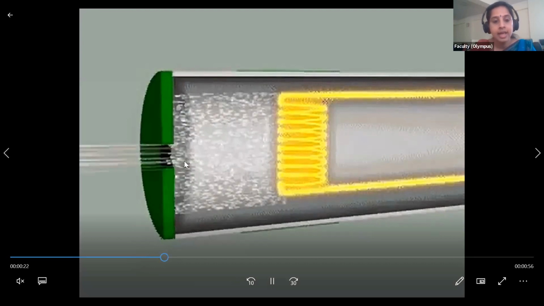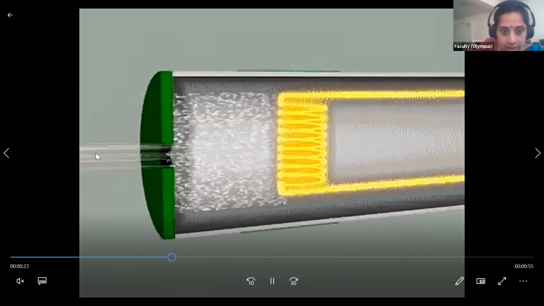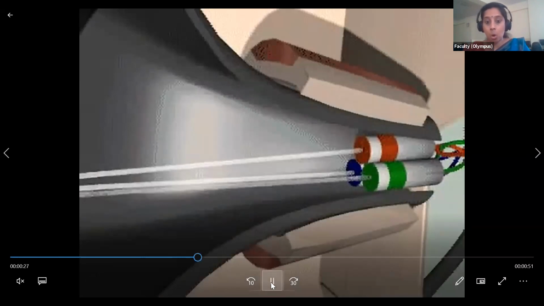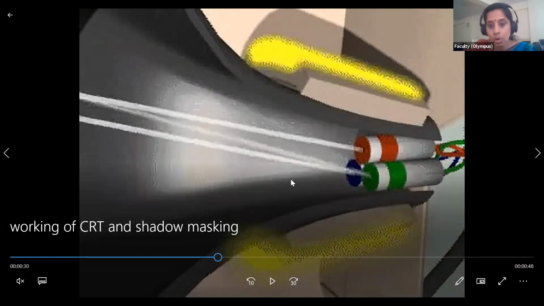Electrons are generated and electron beams are sent onto the screen. You know that the screen is quite huge, a cube kind of a box, right? When it is a cube kind of a box, what happens? These electrons need to be sent onto the screen. The screen has a phosphorus coating.